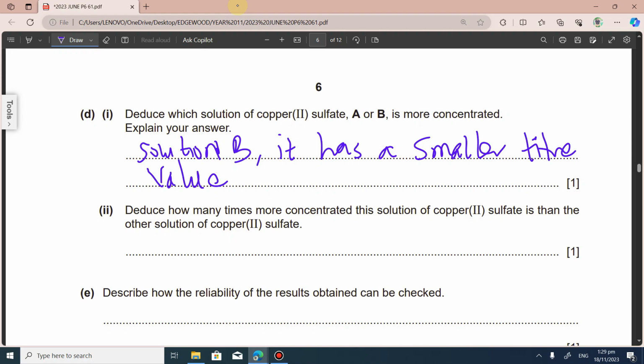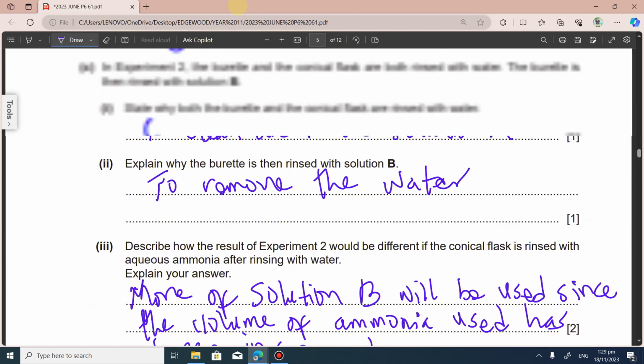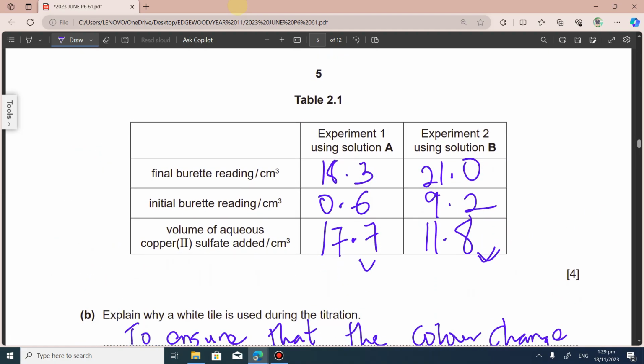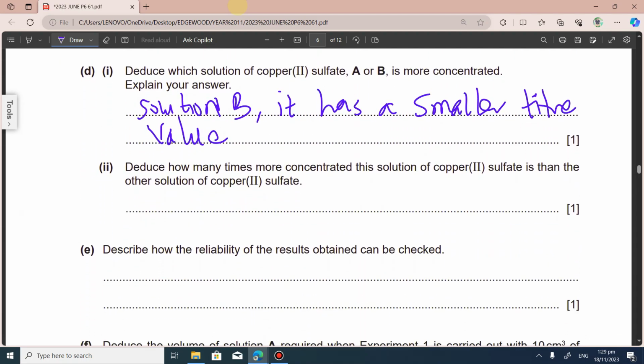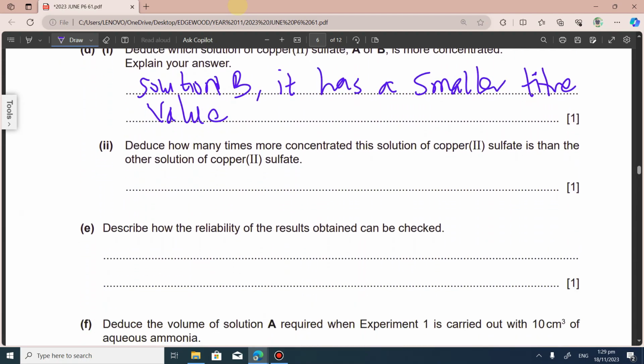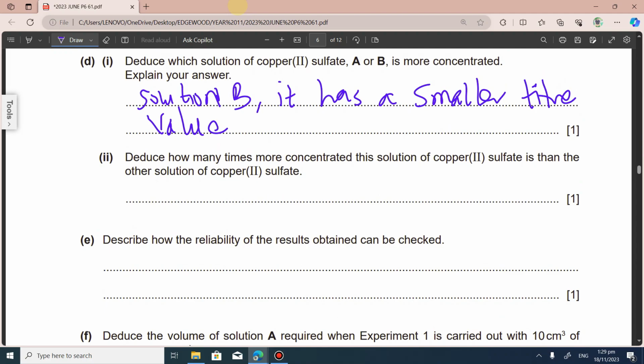Okay. Now, deduce how many times more concentrated this solution of copper 2 sulfate is than the other solution of copper 2 sulfate. If you look at the table that we completed, 17.7 and 11.8 are the two values we are comparing. We want to know how concentrated one is over the other one. We can do that by simply dividing.